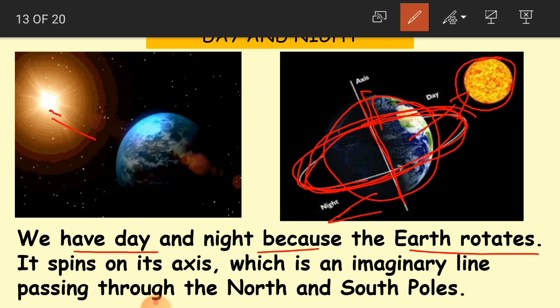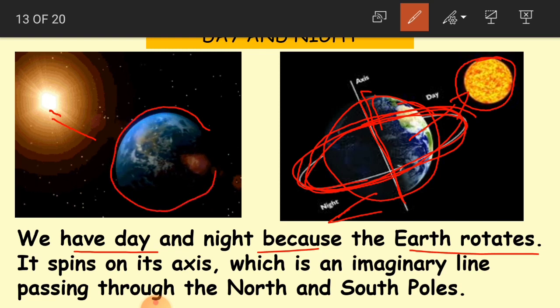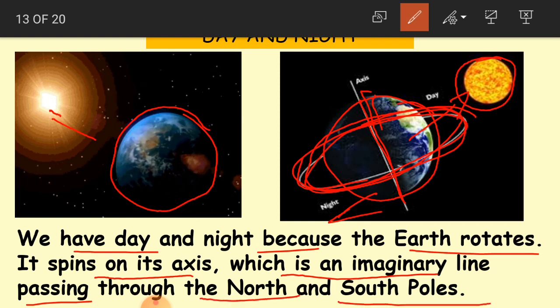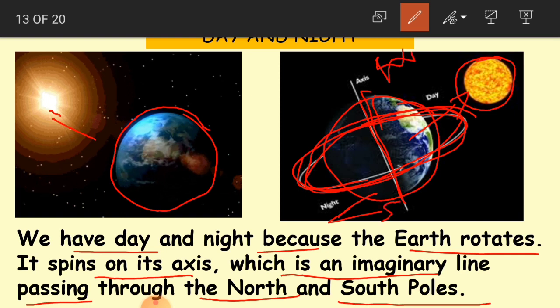Able to see? Yes, this is the rotation of the earth. It is turning around itself. It spins on its axis, which is an imaginary line passing through the north and south poles. This is north pole and this is south pole. So during this rotation, we will be having day and night. Okay, children. So the part of the earth which is exposed to the sun will be having day, and the darker part will be having the night.